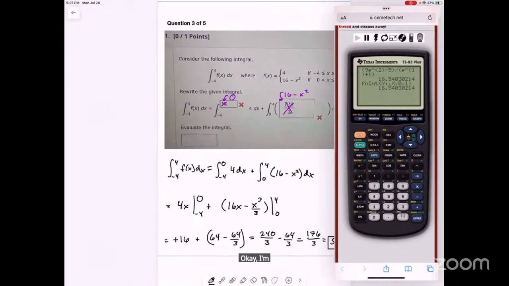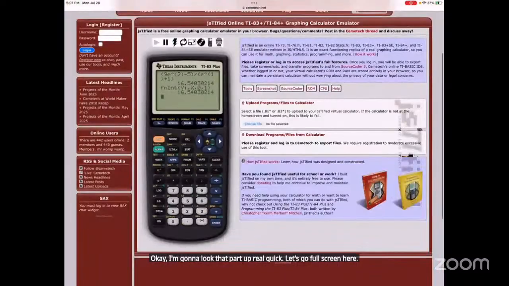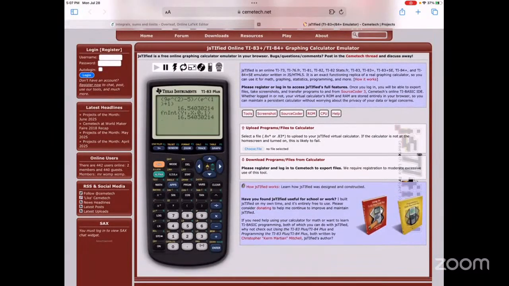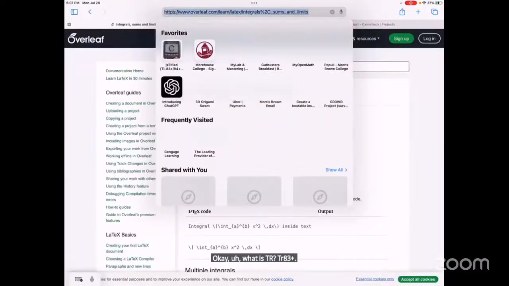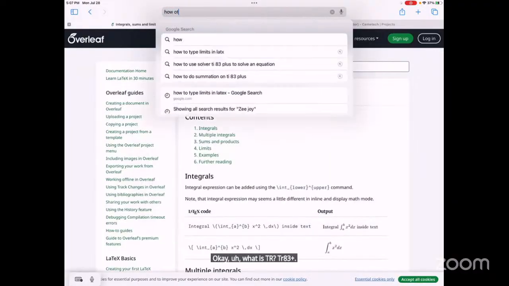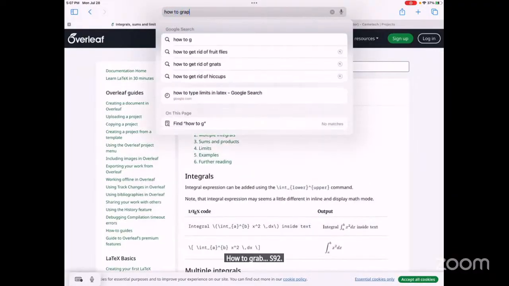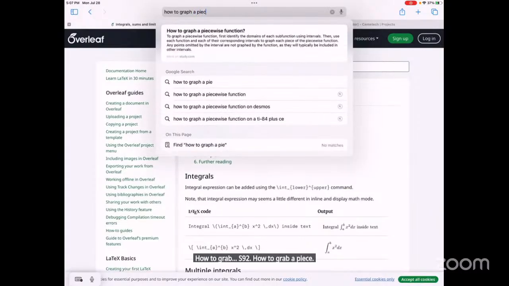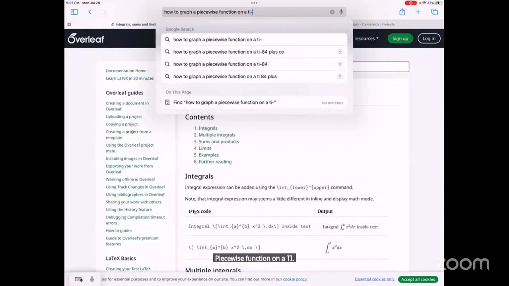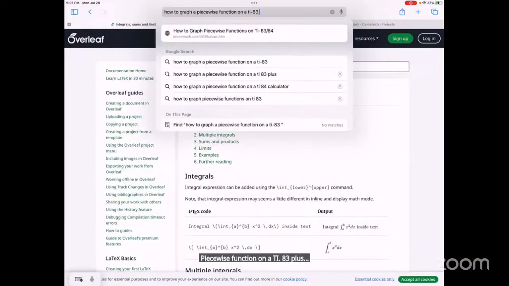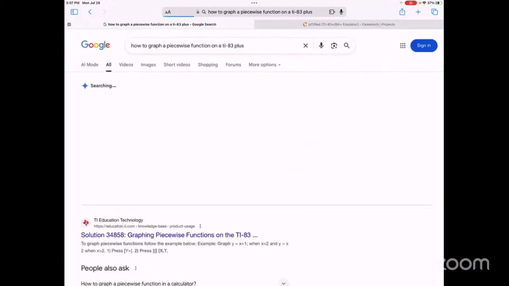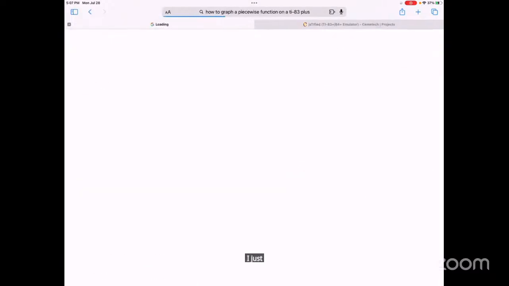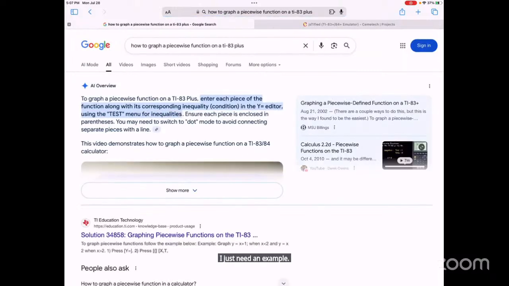Okay, I'm going to look that part up real quick. Let's go full screen here. Okay, what is this, TI 83 plus? How to graph piecewise function on TI 83 plus. I just need an example.